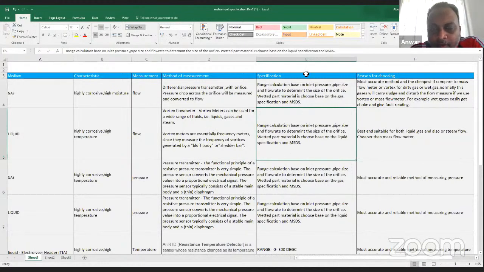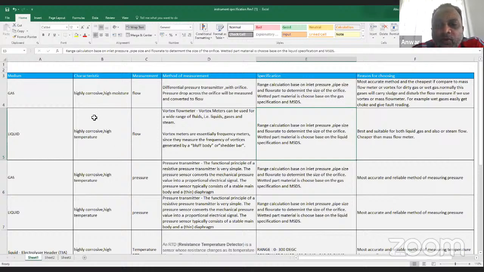So, the thing is, when we choose in terms of the sizing, you will see, the principle is basically the pressure and the pipe size, where we will convert those parameters into the flow when we are not using the mass flow meter.